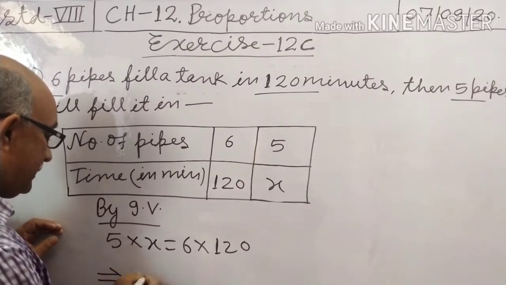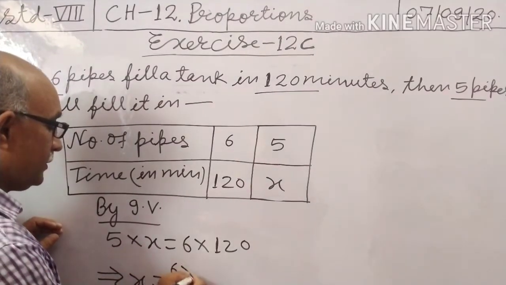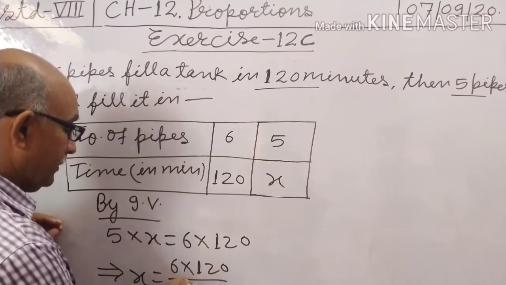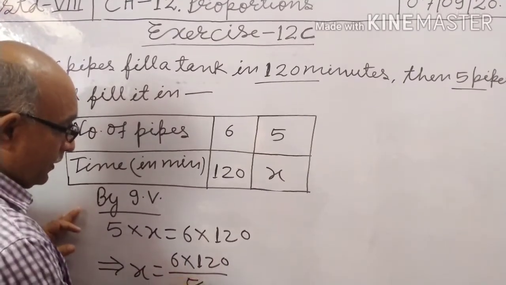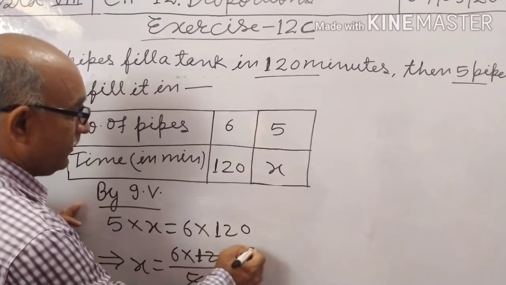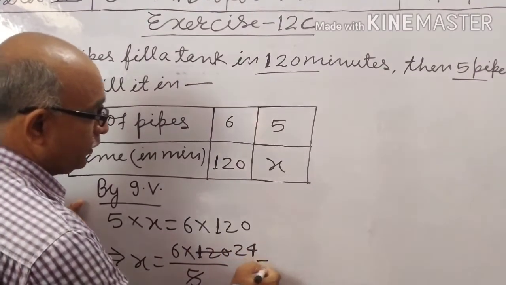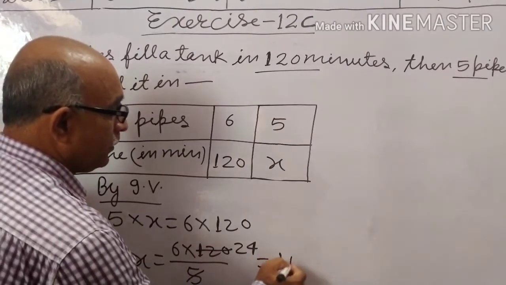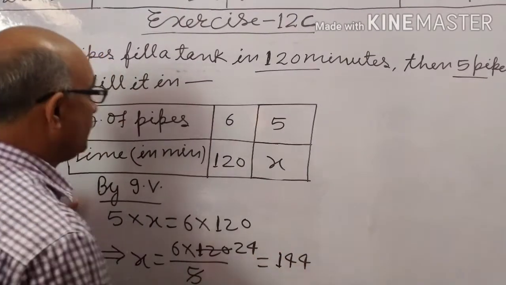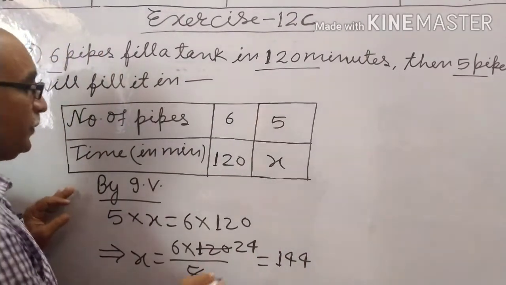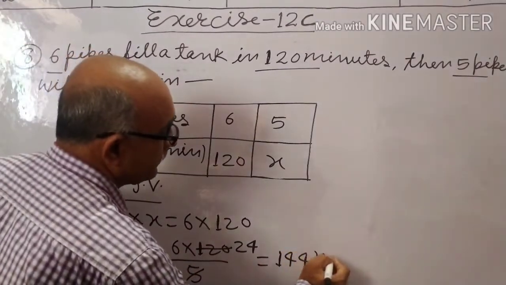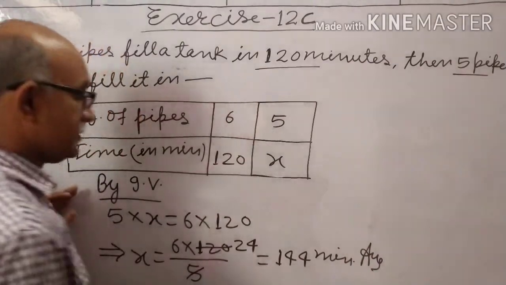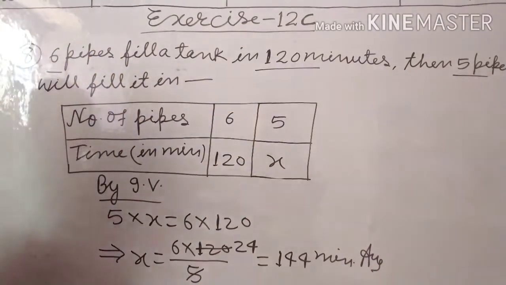That implies x equal to 6 into 120 divided by 5. 24 5 ja 120, equal to 24, 6 times 24 is 144 minutes. Answer. Understand and write it.